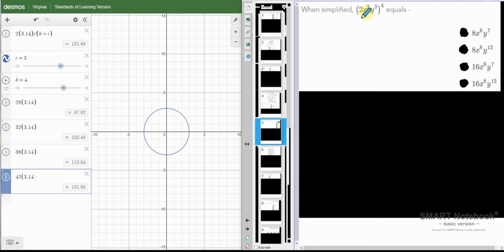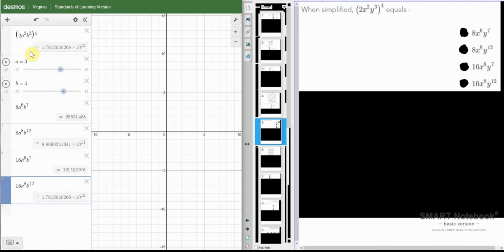All right, when simplified, blank equals. So again, it equals one of those. When you put x and y in an expression, it won't graph it, but you also can't substitute numbers for it. So if there's x and y, and even if there's just an x, if you don't want the graph, if you're trying to find it equal to, you can replace them with a and b. So you can see my x's and y's have become a and b.